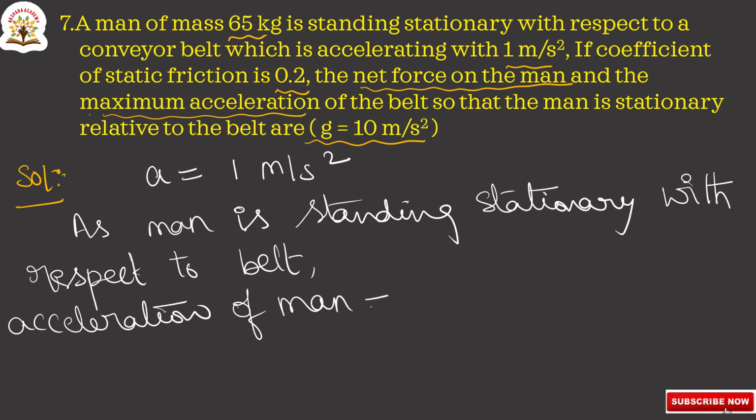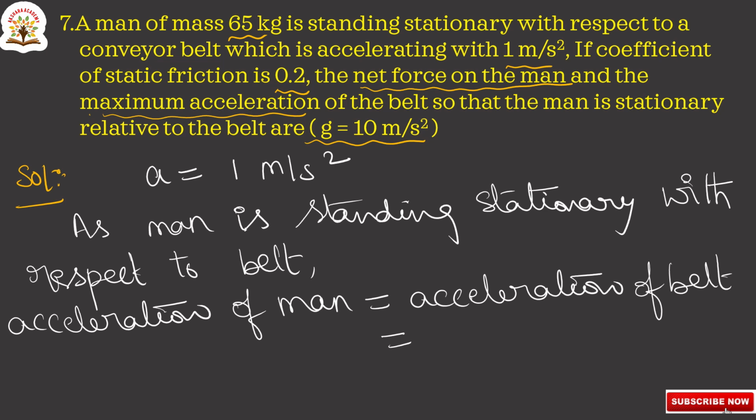Acceleration of the man is equal to acceleration of the belt, that is equal to 1 meter per second square. The mass of the man is given as 65 kilogram.